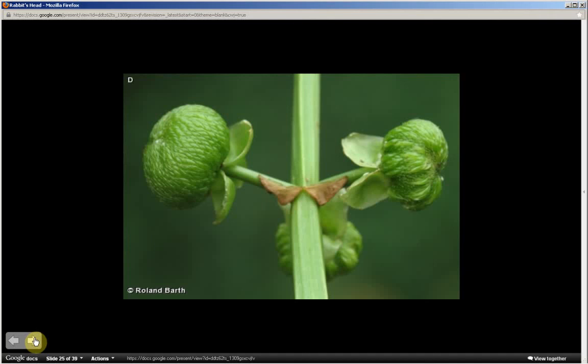Now this is a picture of the fruit when the flowers have matured and turned into a seed cluster. Notice the bracts again, curved.